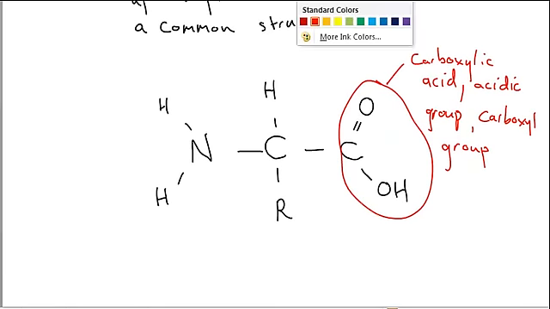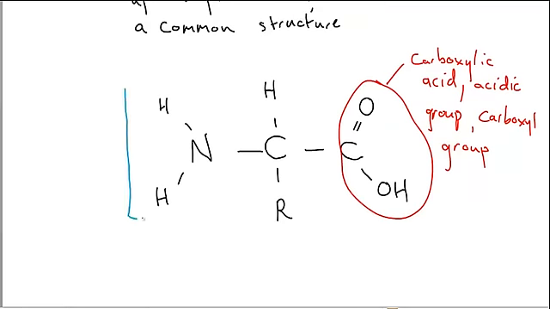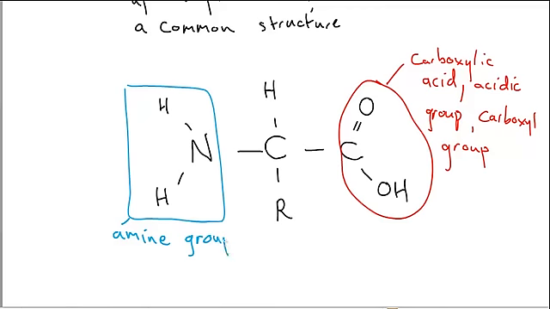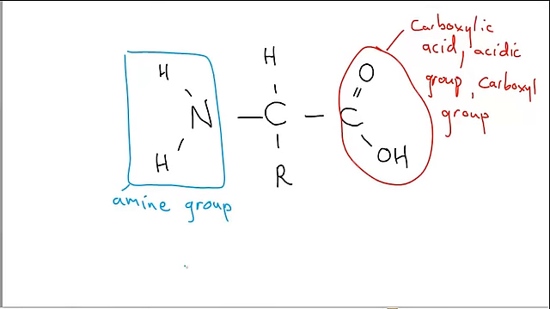On the other hand, or other end, they have an amine group. It's called the amine group. That's where the amino part comes from. So all amino acids have the amine group and the acidic group.